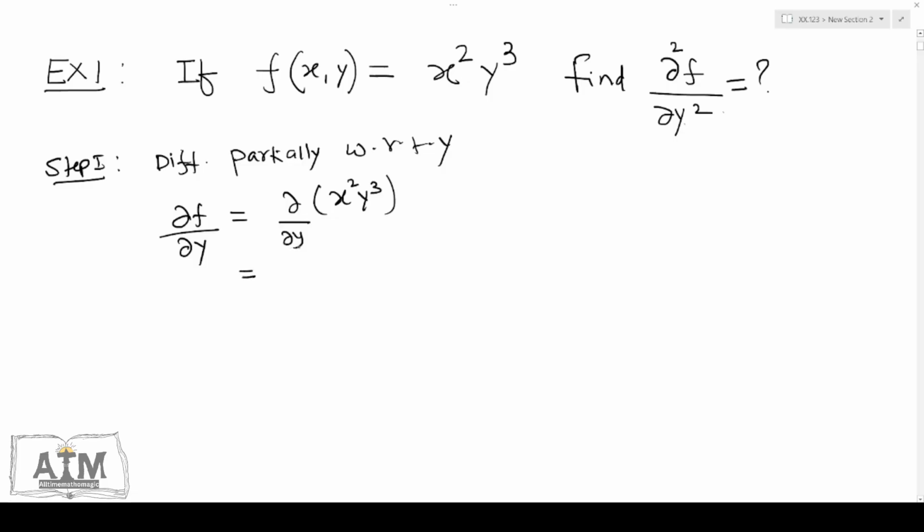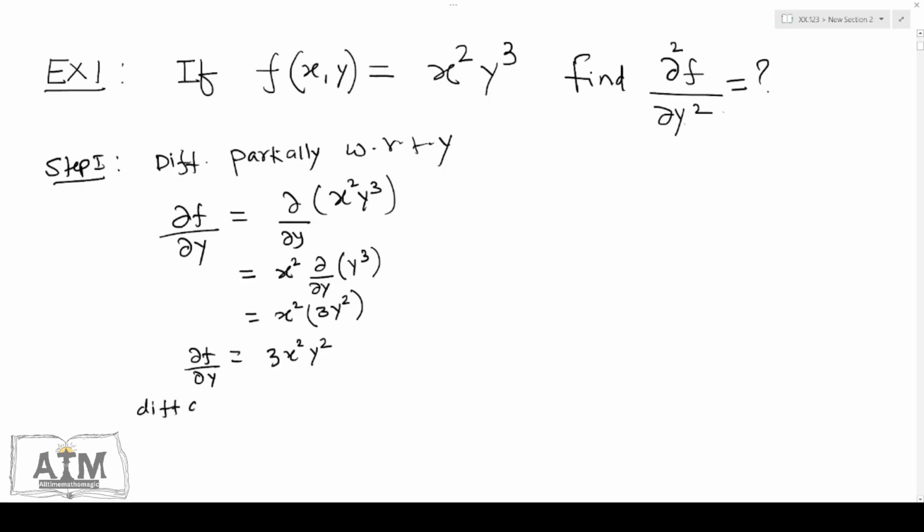While doing it with respect to y, x becomes constant, so we take it out of the operation. Now partially differentiating y cube with respect to y: x square, and the partial differentiation of y cube is 3y square. So del f by del y equals 3x square y square.